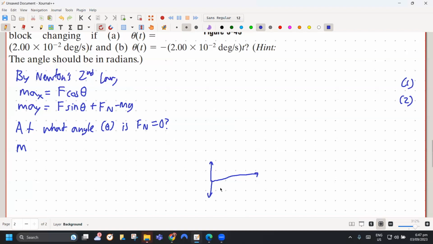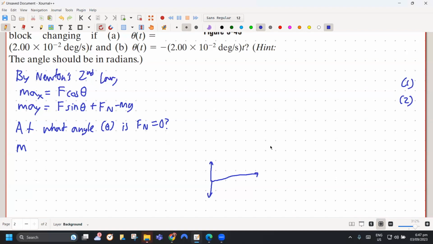Decrease. Para ma-compensate mo yung pataas. Okay, so ibig sabihin at small angles, yung normal force magdi-decrease pero positive pa rin. Hindi pa tatalon yung box. So ano yung critical condition? At what angle does the normal force start to become 0?